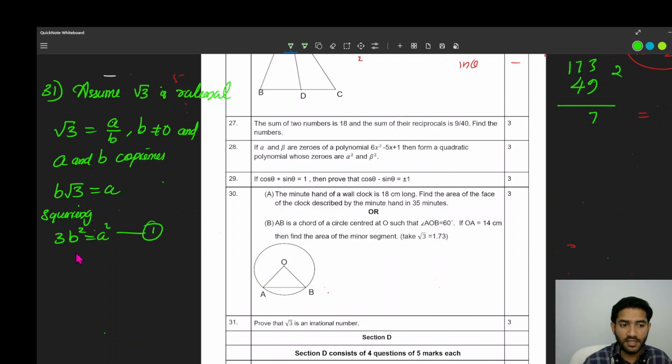That means from here we can say that 3 is a factor of a square, or a square is divisible by 3.